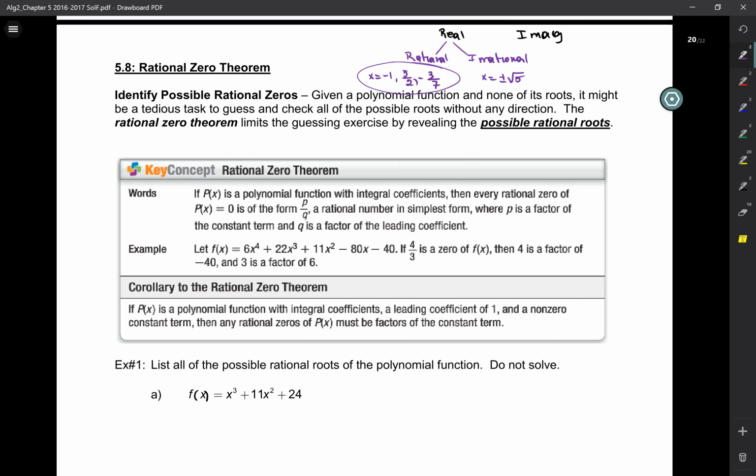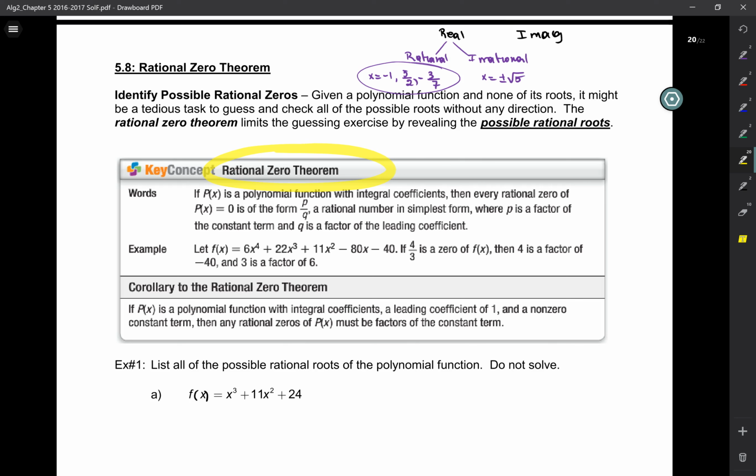That's really not a very efficient way of solving things. We do, however, have a way to narrow down that list, to get a finite, smaller list of rational numbers that could qualify as solutions. Okay, so that's what the rational zero theorem is. The rational zero theorem is going to give us a way to get a list of numbers that can qualify as zeros to the function.